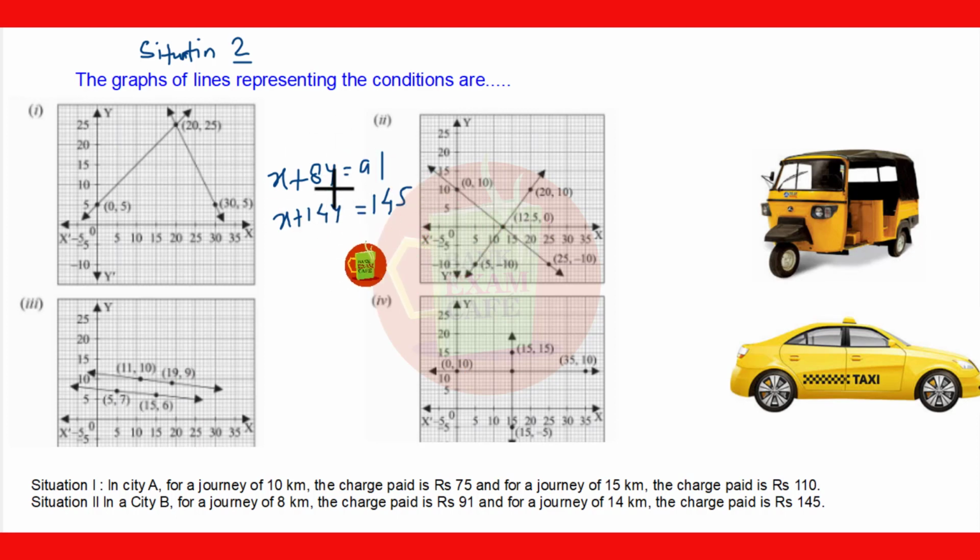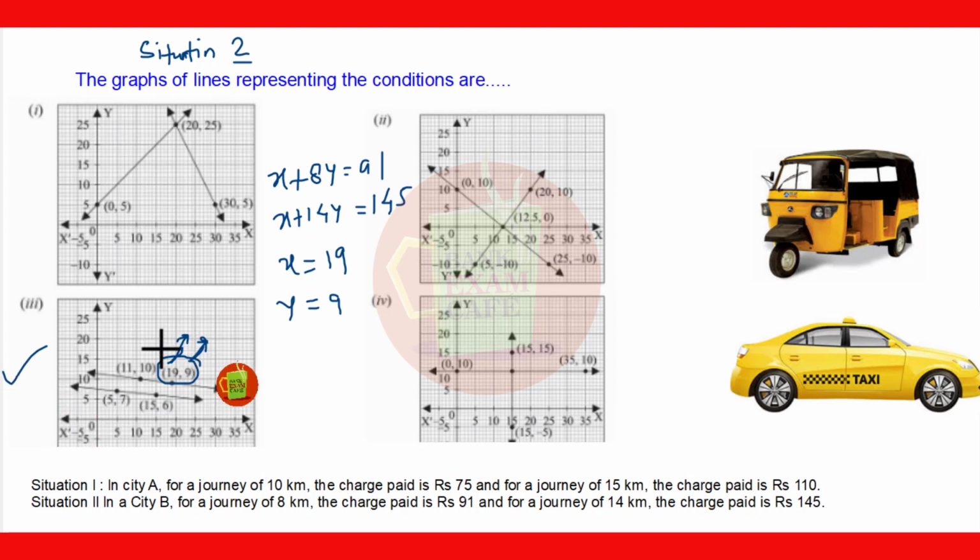Friends, in the previous question we have solved this and we got the values of x and y. x we have got 19 and y we have got 9. If you observe this minutely, here you get 19 and 9. The x coordinate is 19 and the y coordinate is 9, and therefore the correct option is 3.